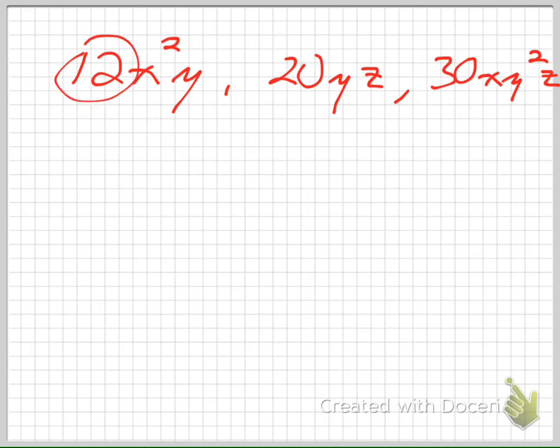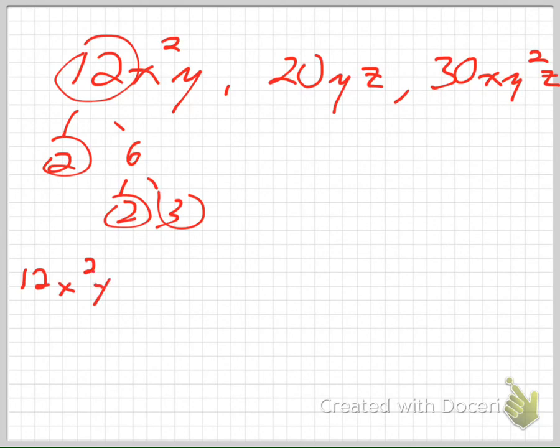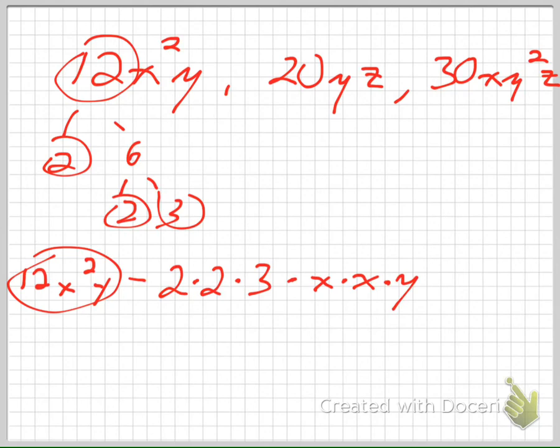Prime factorization of 12 is 2 and 6, 2 and 3. So 12x squared y is 2 times 2 times 3 times x times x times y. Prime factorization of 20 is 5 and 4, 2 and 2.